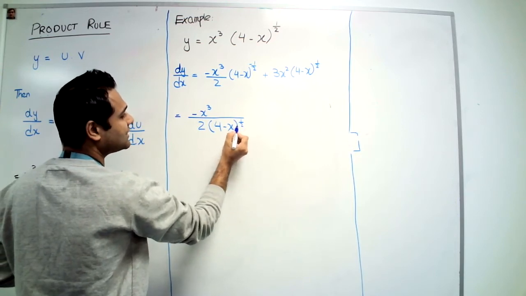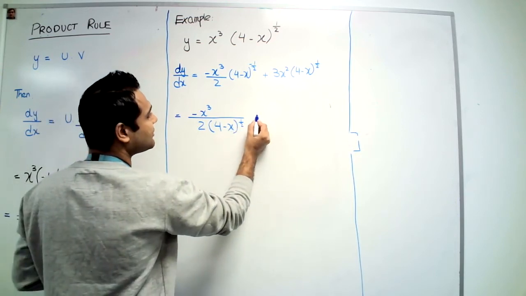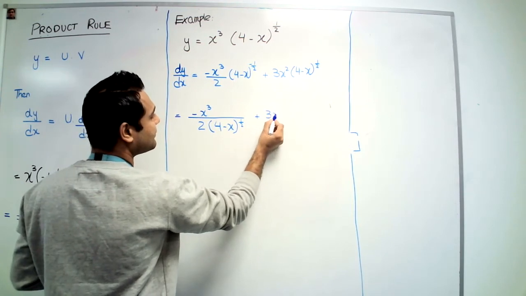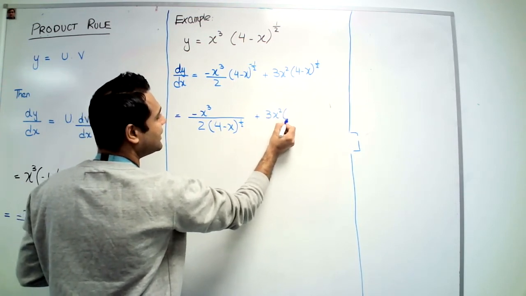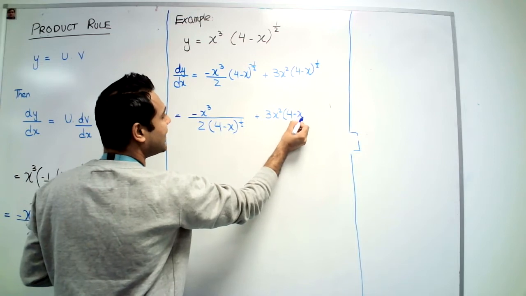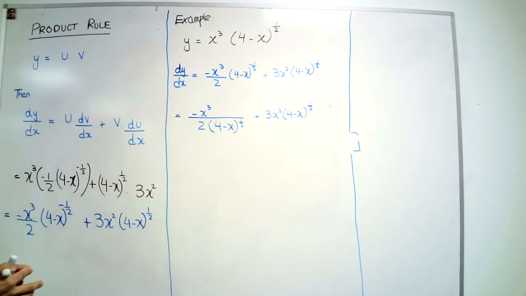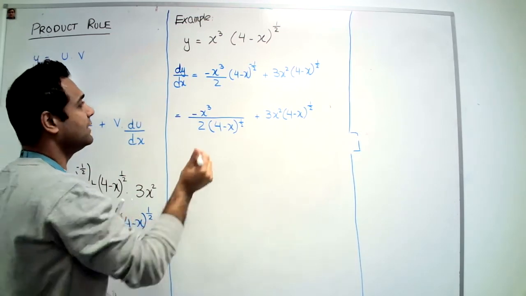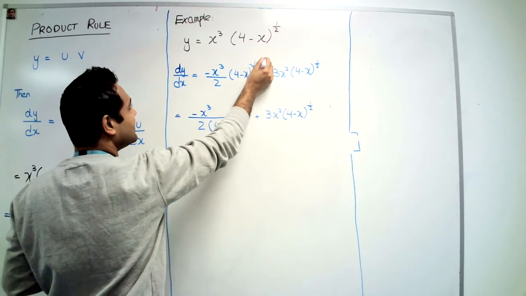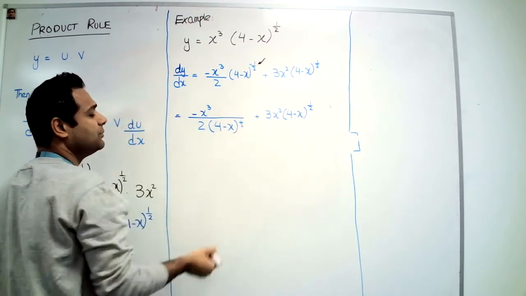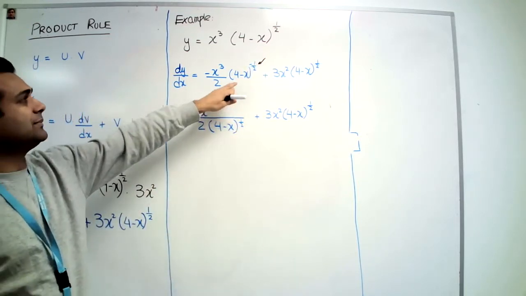So that becomes a positive half. Plus 3x squared, and then you got 4 minus x to the power half. Okay, that's it. The reason I bring this one down is because this is a negative coefficient. You move it down, it becomes a positive.